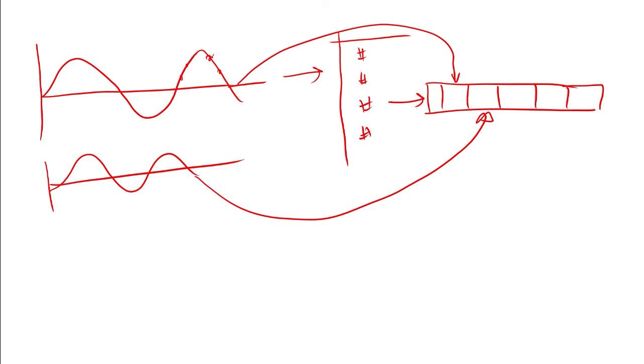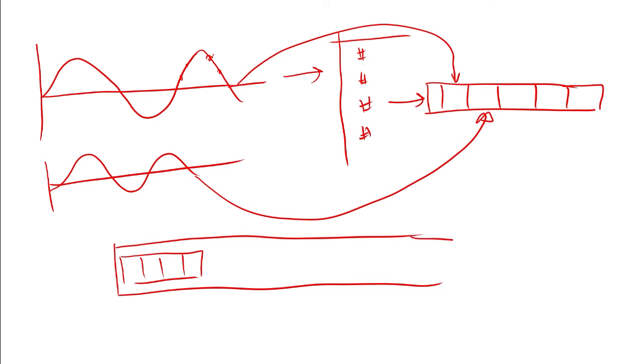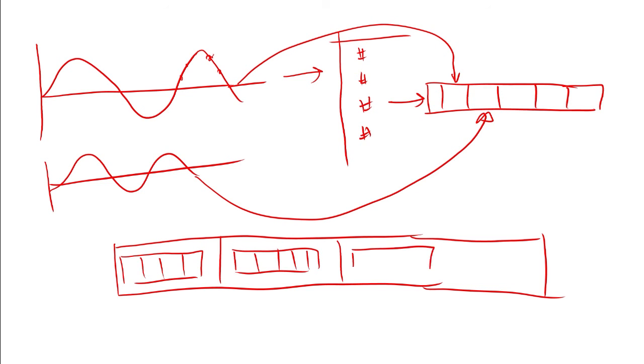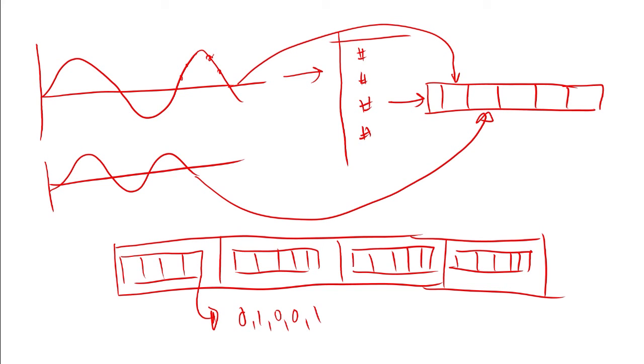And then we combine all of these multiple frames into one big jumbo super frame. And now we want to convert this whole thing into 0, 1, 0, 0, 1, etc. How do we do that?